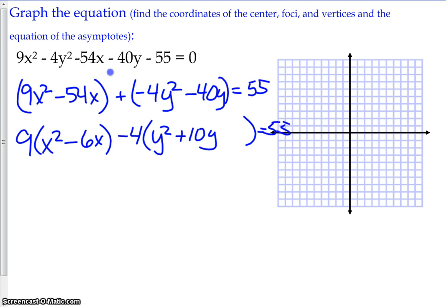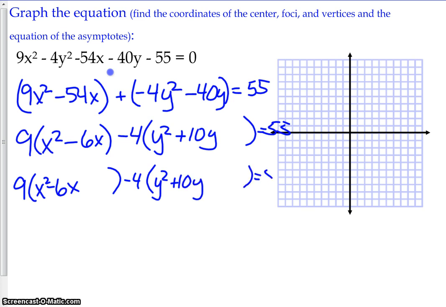All right, what do I add to both sides? I needed to have more space here, sorry. I'm going to write this way out. In my x values, I'm going to take half of the minus 6, which is negative 3, and square it. So I'm adding 9 to both sides.